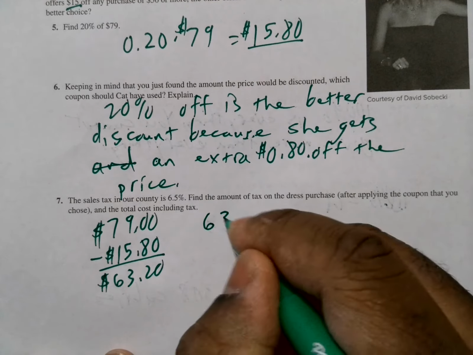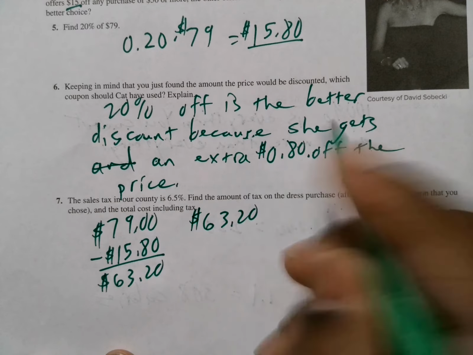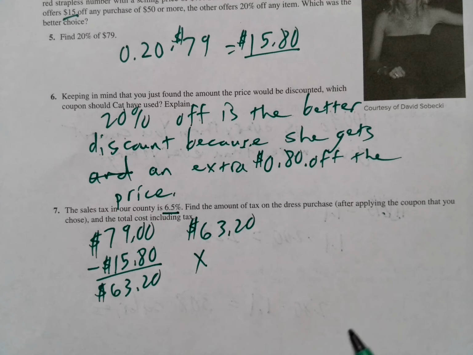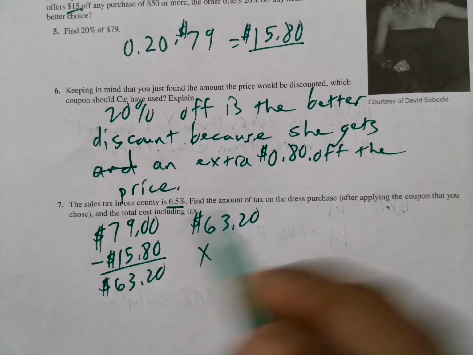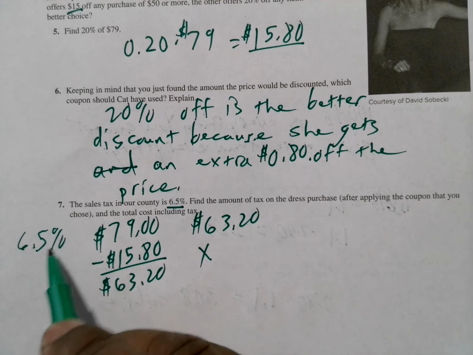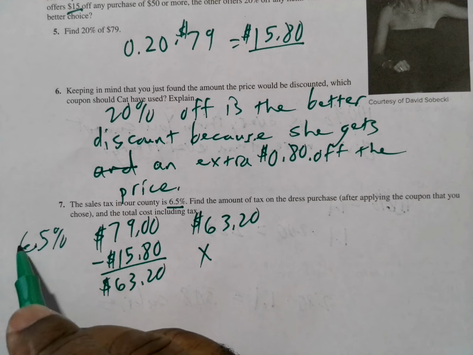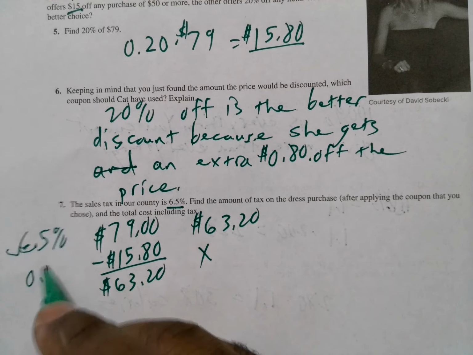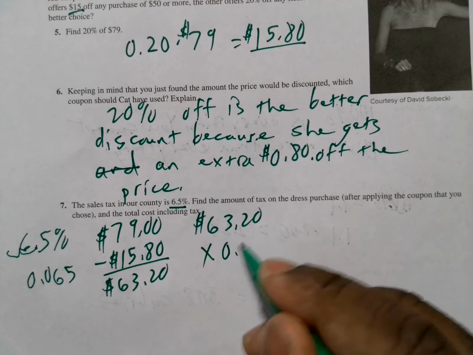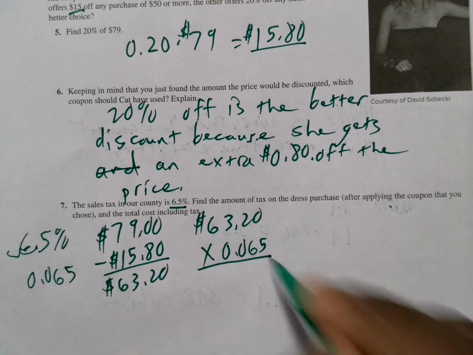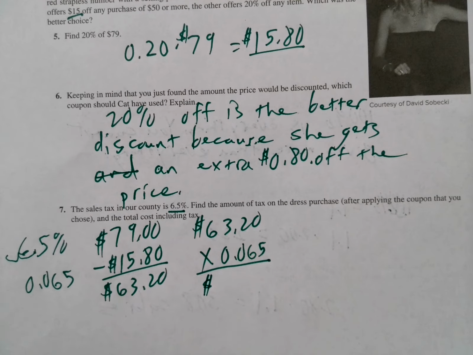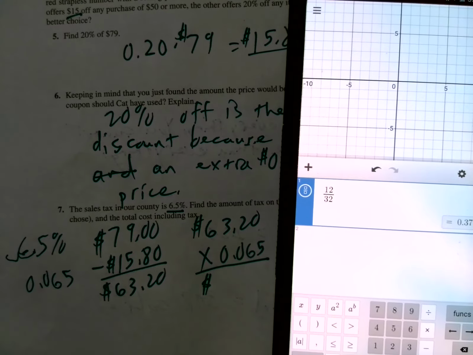Now we have to figure out how much is paid after you include tax. So you could take the $63.20 and multiply it by the tax, 6.5%. Now we could go off to the side here. 6.5%. We know we would have to drop the percent and move that decimal 2 places to the left. So it'd be 0.065. So we'll multiply this by 0.065. Matter of fact, let me show this in the calculator.